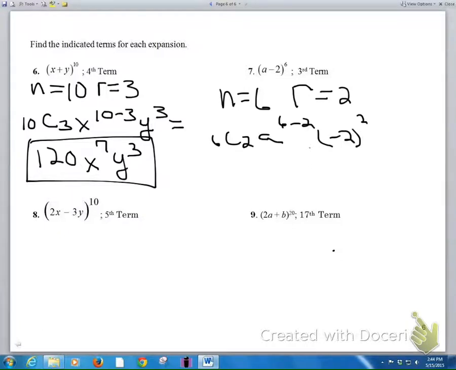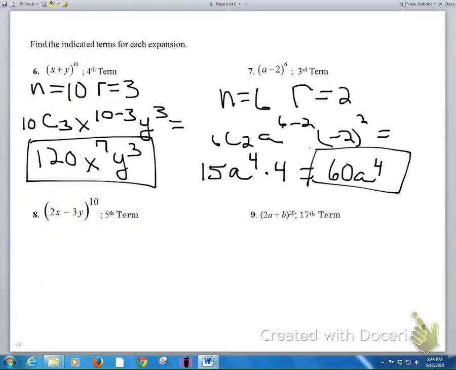So it's going to be a to the 6 minus 2 and negative 2 squared. So you're going to find 6C2 on your calculator. And that's 15. A to the fourth and negative 2 squared, which is 4. And then you're going to multiply the 4 and the 15.